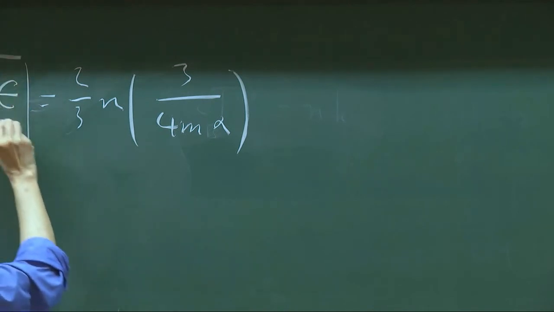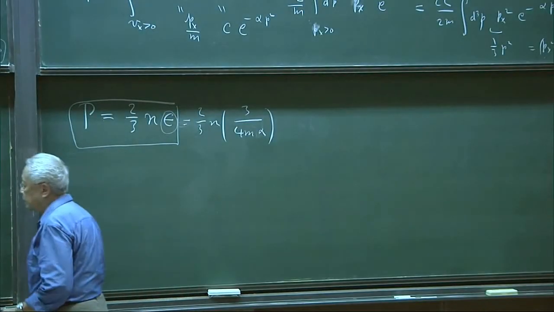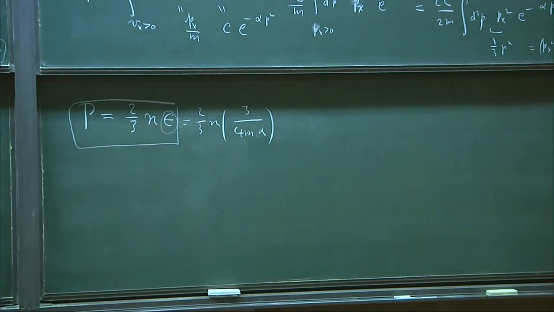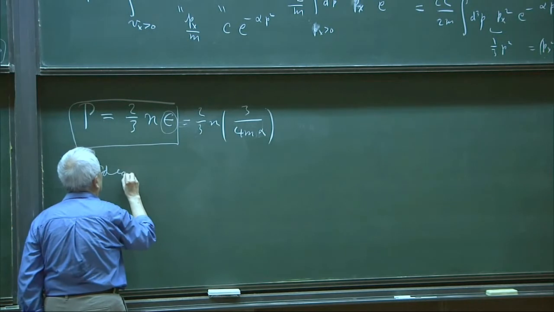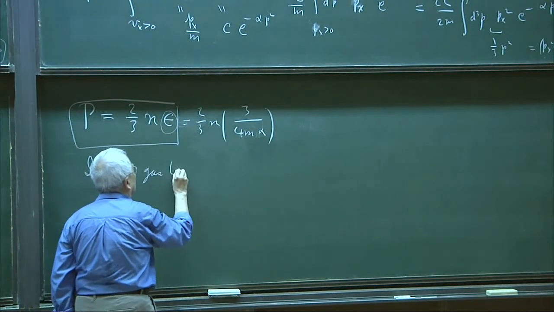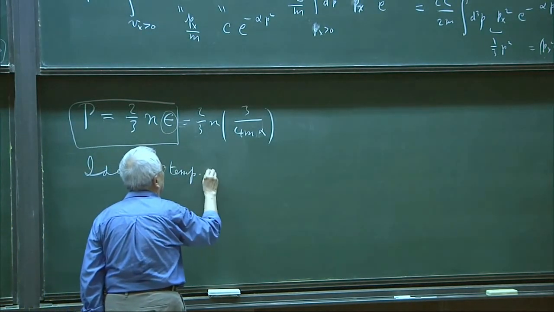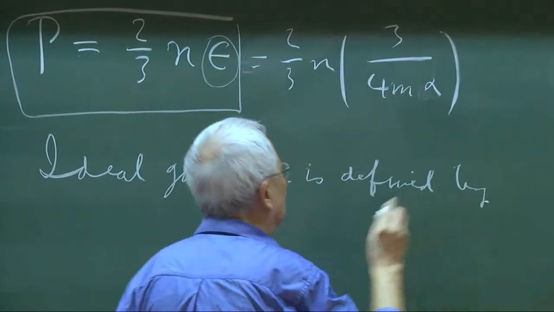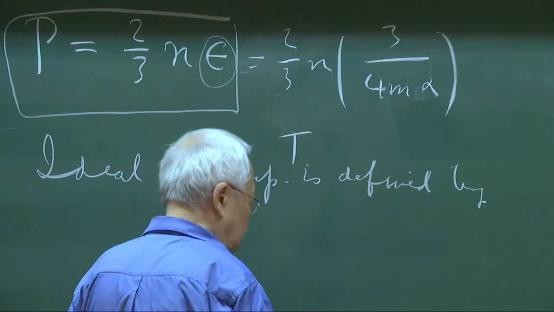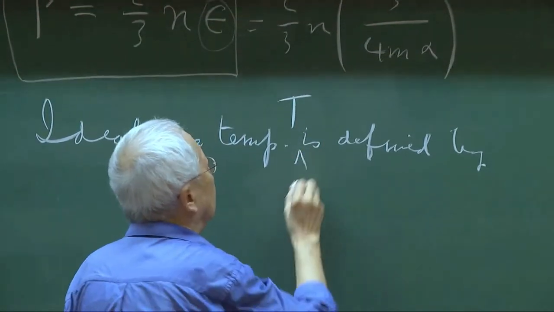So now the energy density is given in terms of the pressure. And we measure the pressure. And we know experimentally the pressure for an ideal gas defines a temperature scale. The ideal gas temperature scale is defined by, it's called T, which coincides with absolute temperature.